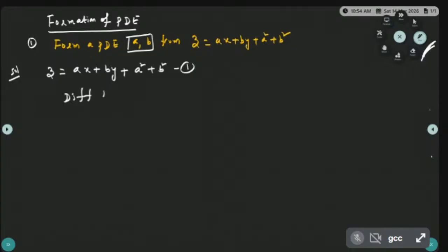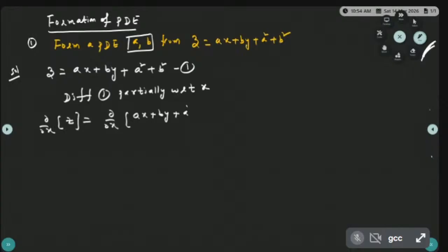Now, differentiate one partially with respect to x. Differentiate the equation with respect to x partially. Are you listening? Dou by dou x of z equal to dou by dou x of ax plus by plus a square plus b square.